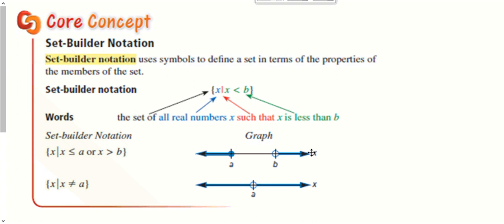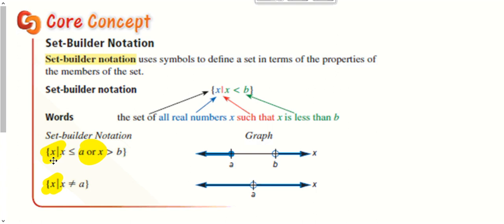So then going back to this first one, we have 2 different pieces. So in our set, we have 2 different pieces as well. X is less than or equal to A, or X is greater than B. And then we have, again, that little X with that line in it.